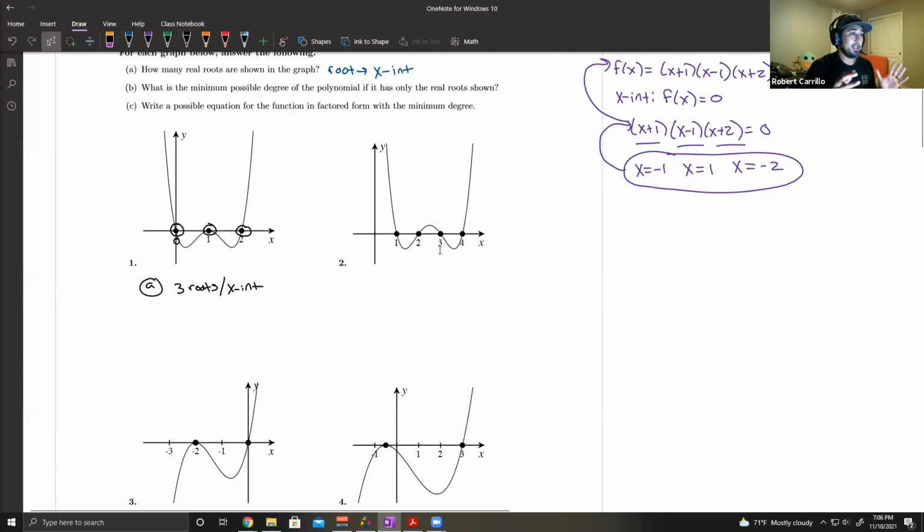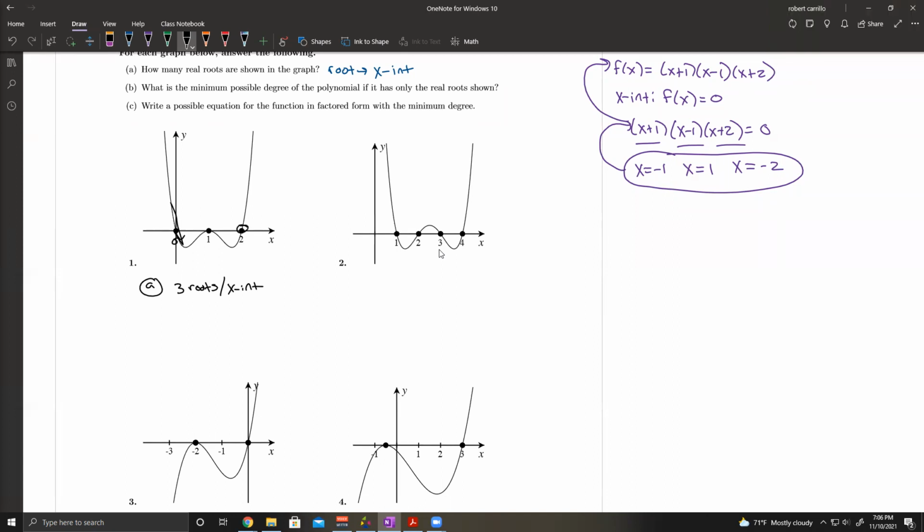Here's something new you may have never seen, or maybe this is something you've seen a long time ago. When you're asking for the degree of a polynomial based on the roots, you have to look at your x-intercepts and see what the graph is doing. At 0, the graph is crossing through 0. At 2, the graph crosses at 2.